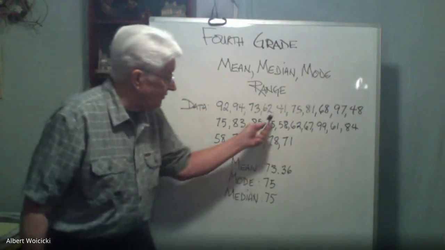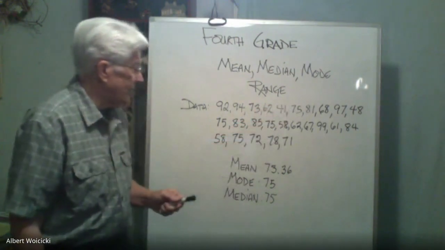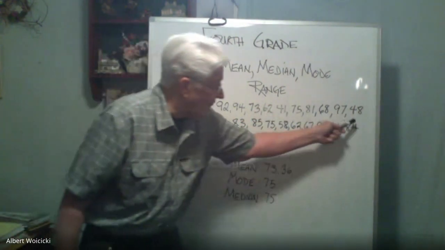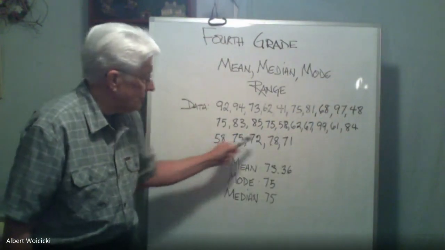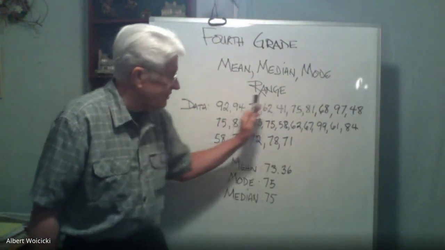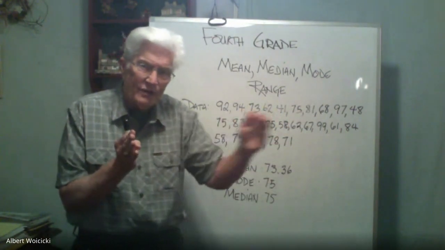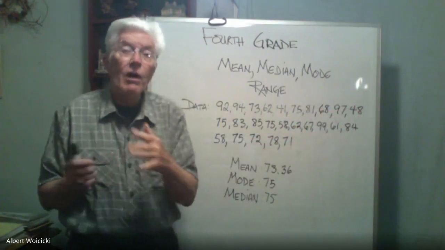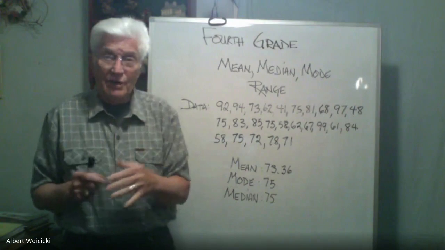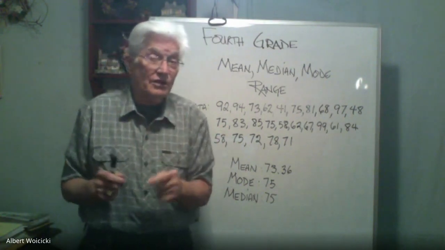This score of 41 might seem to be a bit of an outlier, even though you had a 48 as well, because you only have 2 scores below 60, but everybody else was 60 and above. So you have some scores that were outside the basic amount of scores. They call them outliers. Have you talked about outliers to your students? That's a good thing to talk about.